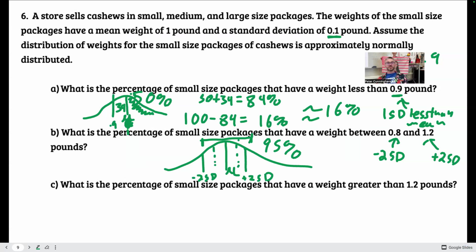Okay. Percentage of small size packages that have a weight greater than 1.2 pounds. Again, so 1.2 here, we've kind of done a lot of the work here already for this one. So you have 95% within here. And then outside of that, outside of this, so the 3 standard deviations over, right?